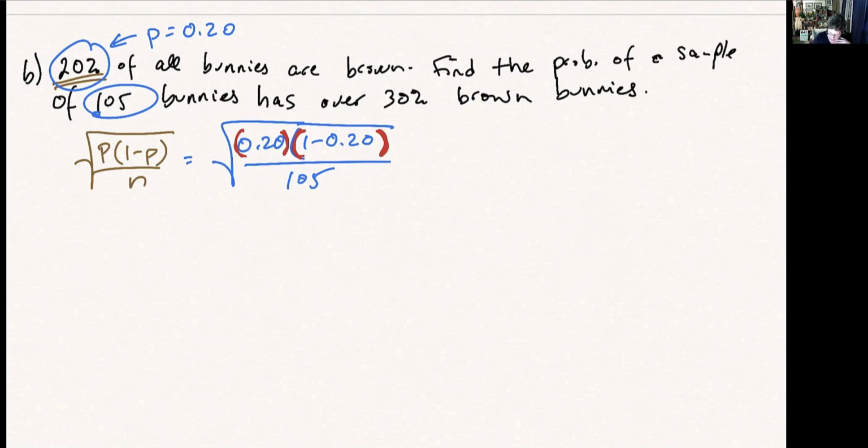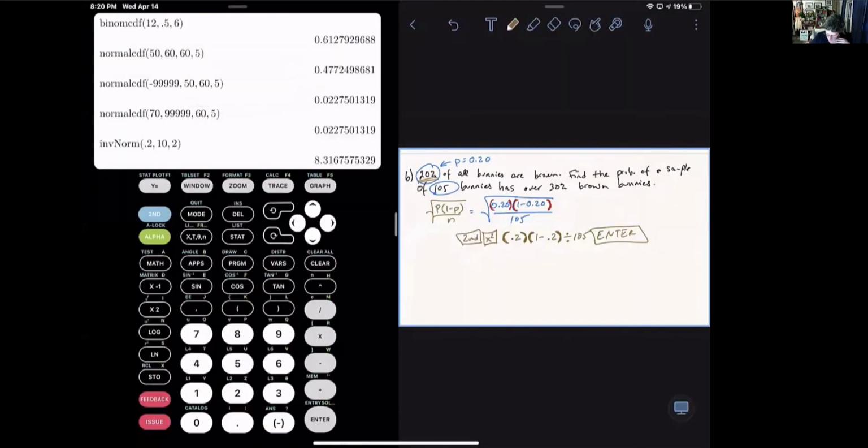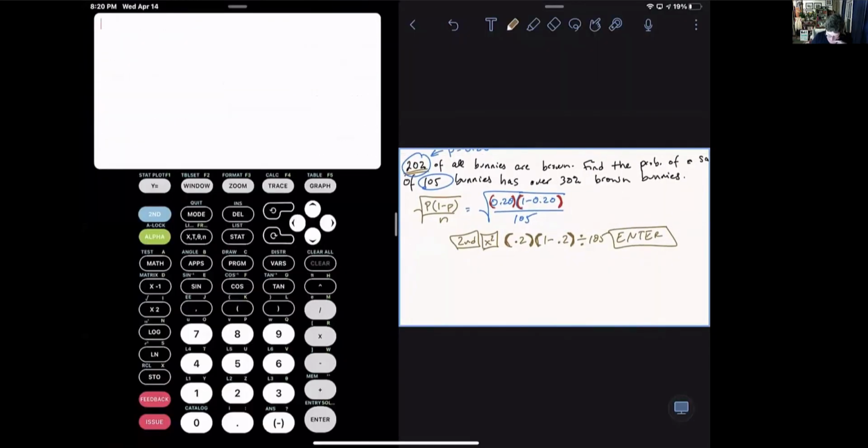So what we're going to put in our calculator is second x squared, and then you want to put those parentheses, the 0.2, close those parentheses, open up a new set, 1 minus 0.2, close those parentheses, divided by 105, and then press enter. Okay, didn't crash again. Clear screen.